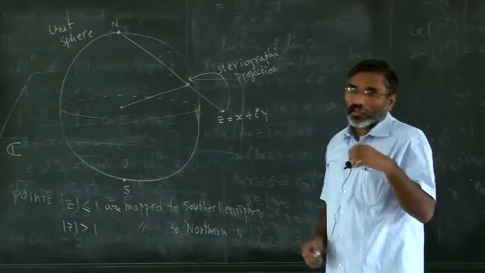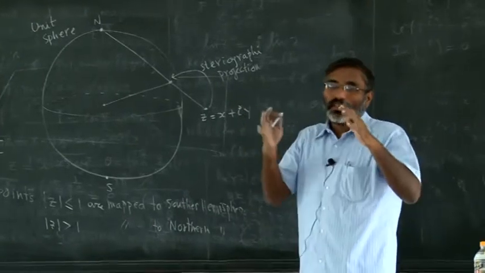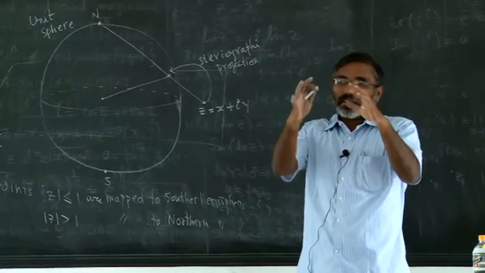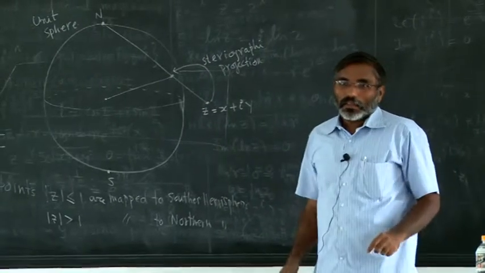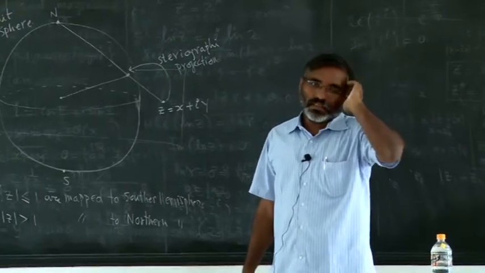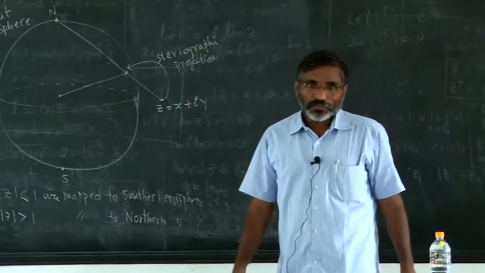Okay? So this is why it is called compactification. The entire infinite plane, I compactly represent it as a sphere. All points at infinity are only one point here. So you can say there is only one point at infinity.